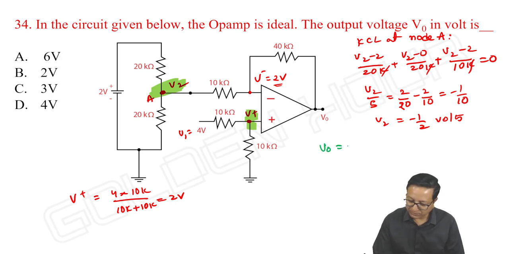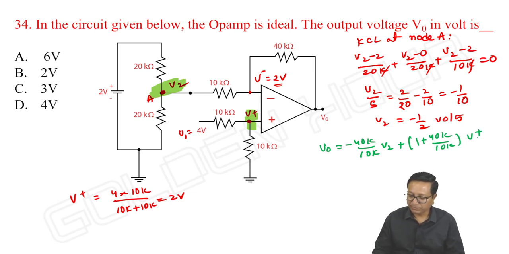V output is equal to minus 40k by 10k into V2 plus 1 plus 40k by 10k into V plus, minus 4 into V2. What is V2? Minus 1 by 2. Plus it is 5 into V plus or V minus, it is equal to 2.